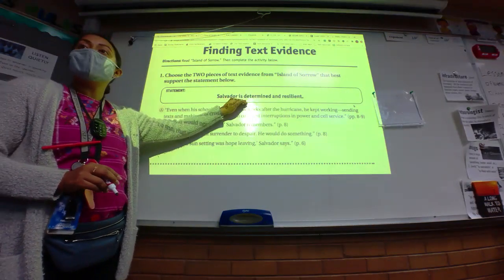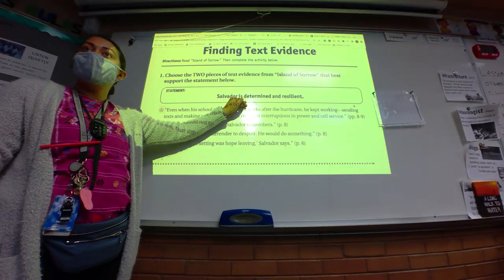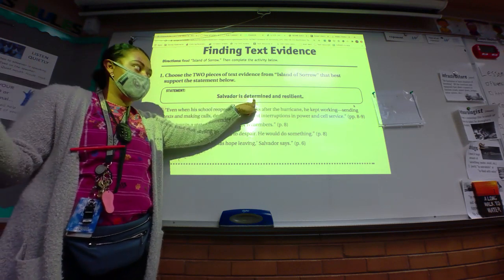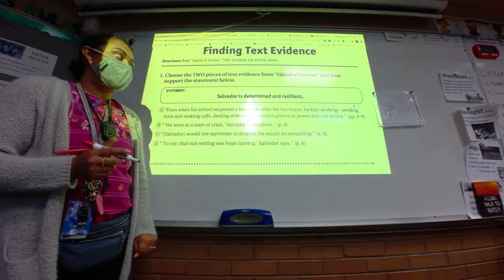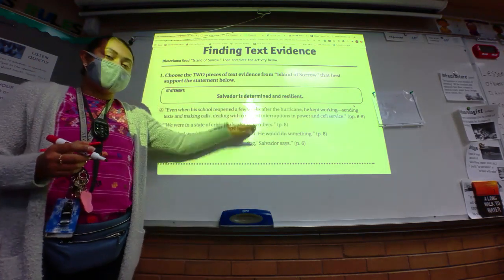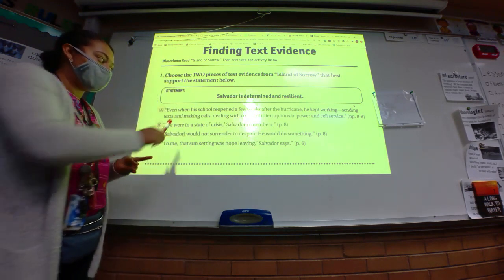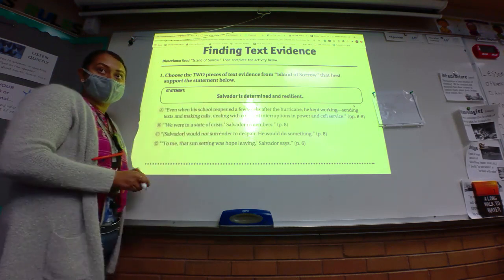So the statement says what? Everybody read it together. Ready? 1, 2, 3. Good, thank you. So Salvador is determined and resilient. So now we need to find 2 pieces of text evidence from here that will support this. So it connects to this, okay?